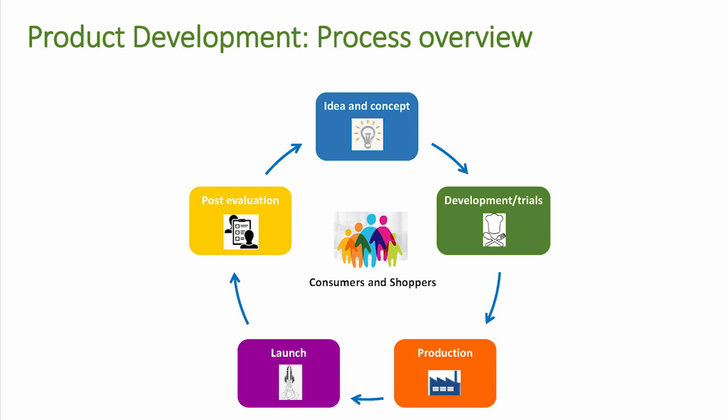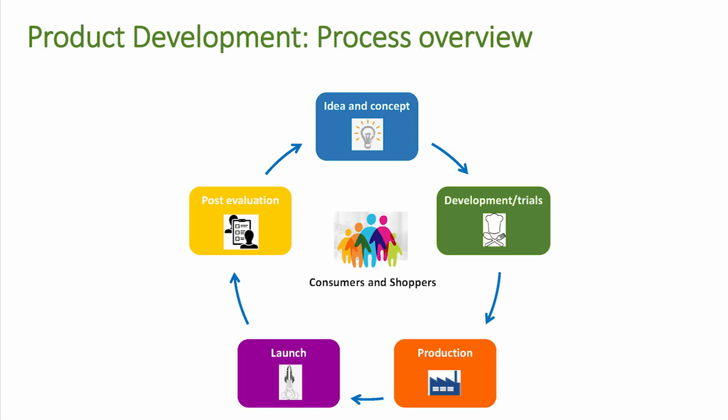The first is idea and concept. The second is development trials. Third, production. Fourth, launch. And fifth, post-evaluation. We'll go through these 5 steps, and once again, it is an overview.